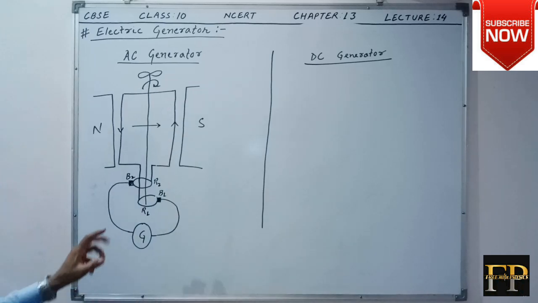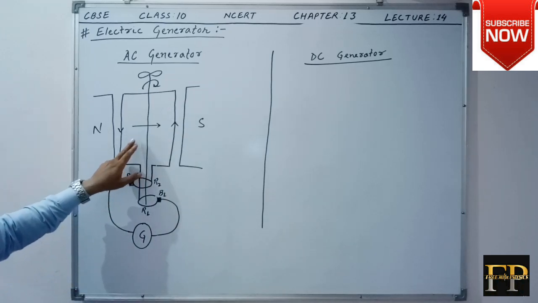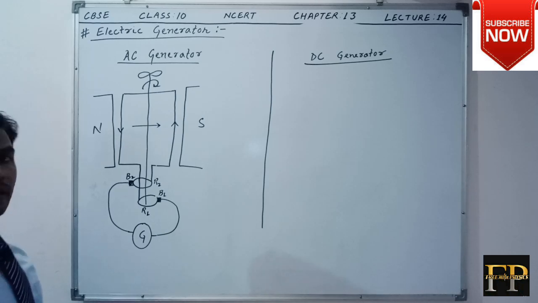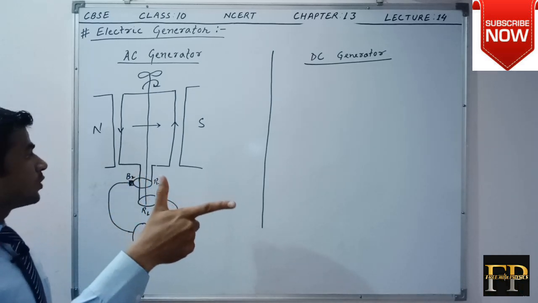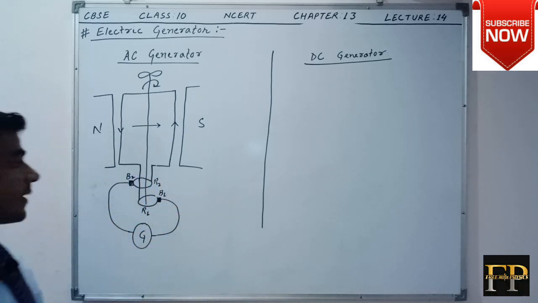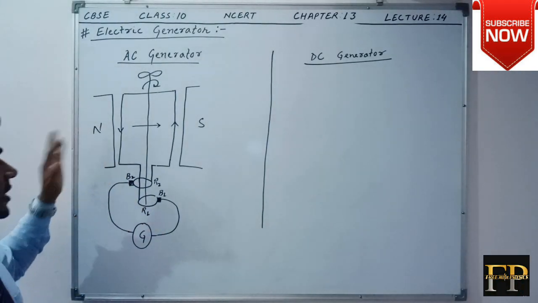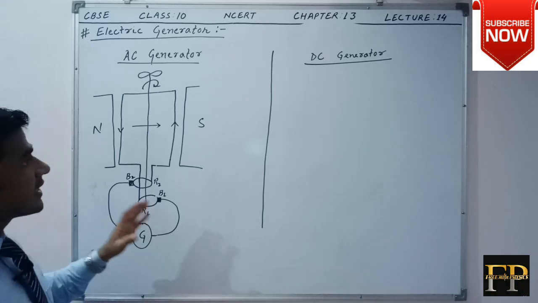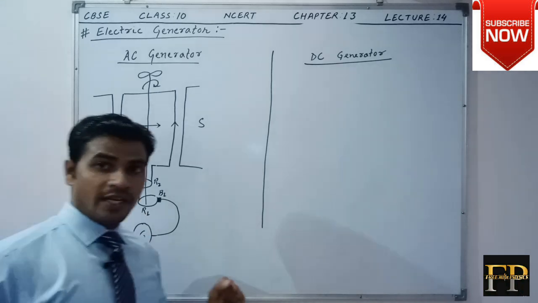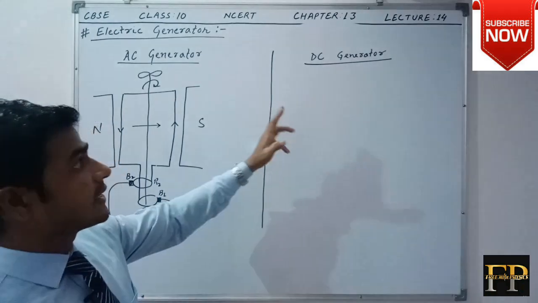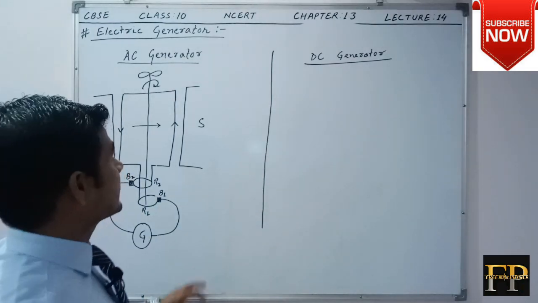And we can find the direction of this current by using Fleming's right hand rule. In the previous lecture, we have seen how this AC generator produces alternating current. But today we will deal with the DC generator.